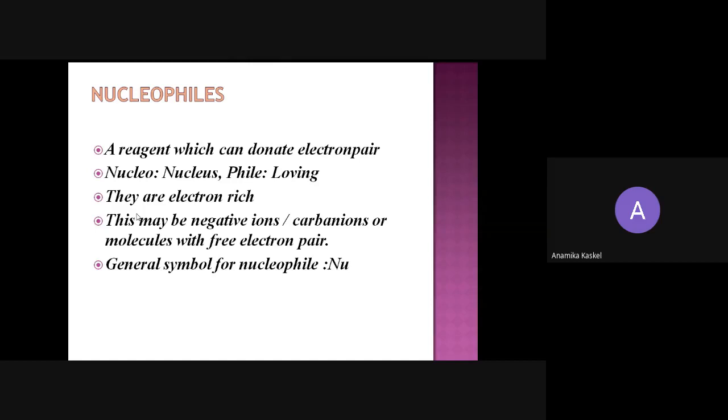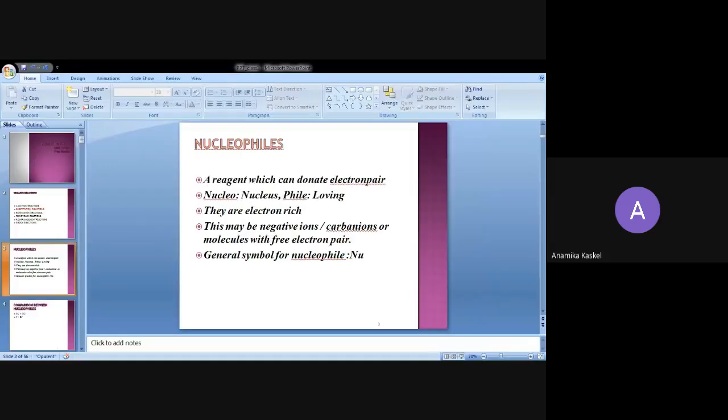So they are electron rich. They may be negative ions or carbanions or molecules with a free electron pair. And last, the general symbol for the nucleophile is Nu.